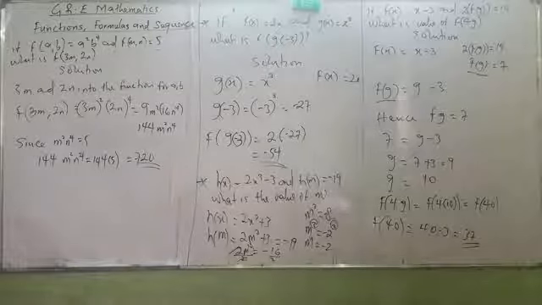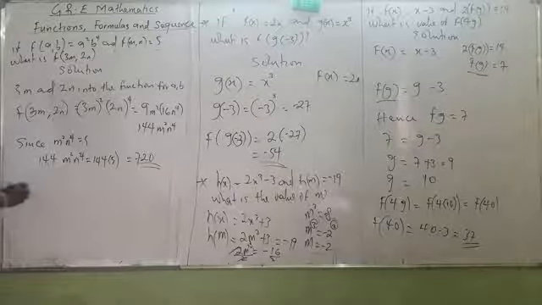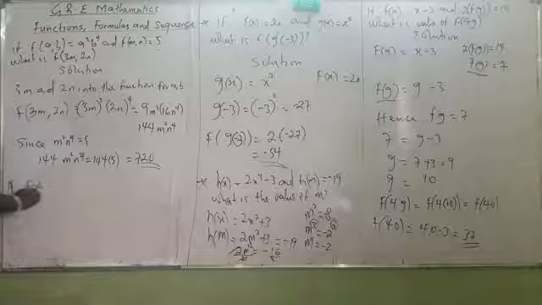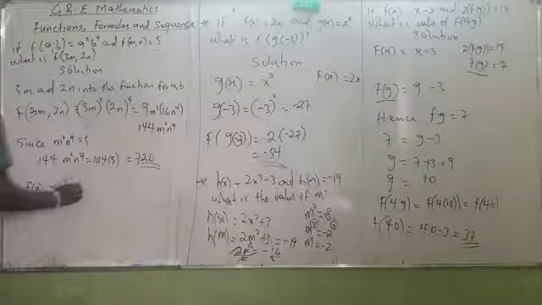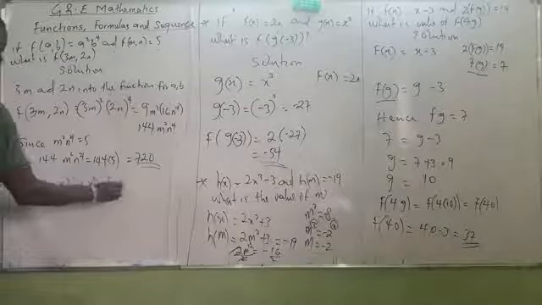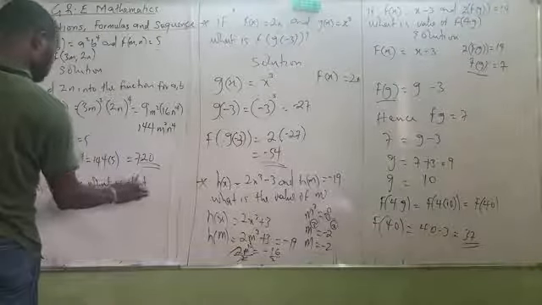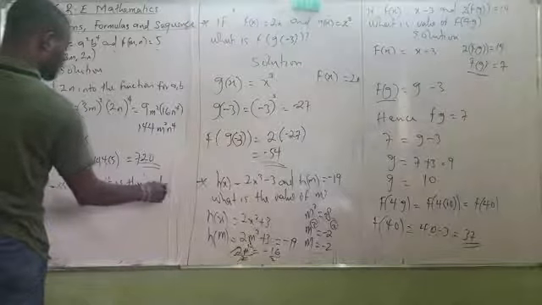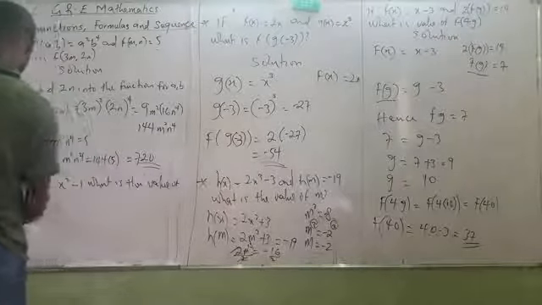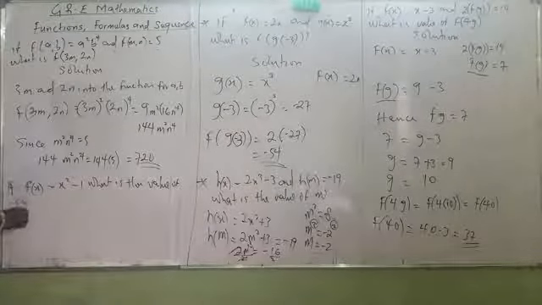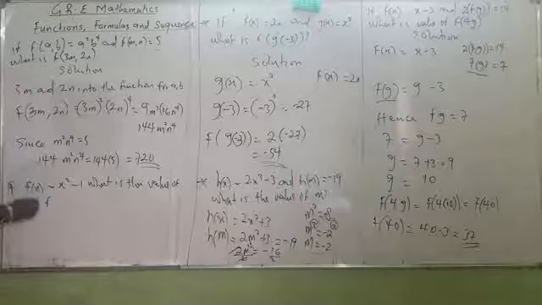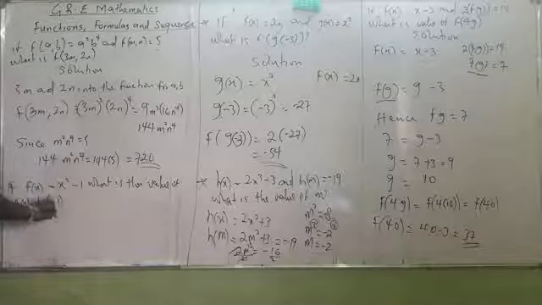Now, another one that I need to understand here, number 6: if f of x equals x squared minus 1, what is the value of f of y plus f of minus y?